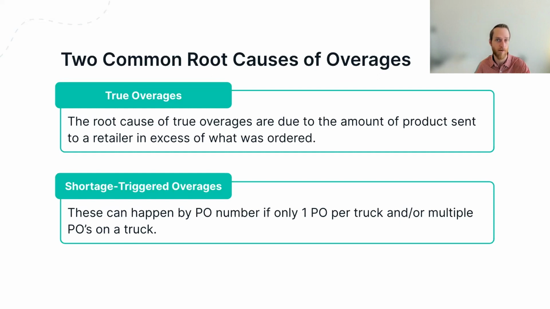Sometimes they also mix up within a PO and receive cases of one item as a different item on that PO. And so you could have an item that's short and an item that's over on the same PO. All of that can play a factor in this whole receiving game of shortages and overages. Just want to talk about some common scenarios there.